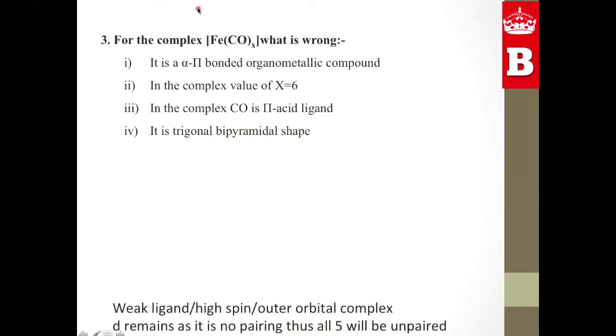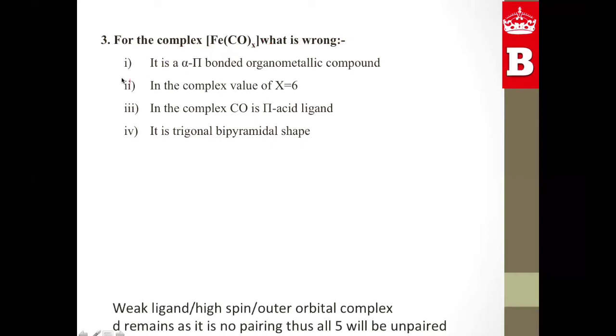Here one more question is there, that for the iron carbonyl complex, what is wrong? All the metal carbonyl compounds are organometallic compounds, no doubt in that. And carbon monoxide is a pi acceptor ligand, which we already discussed in the synergic effect.